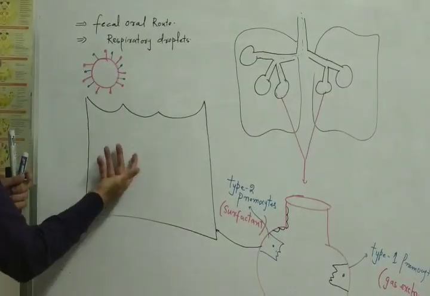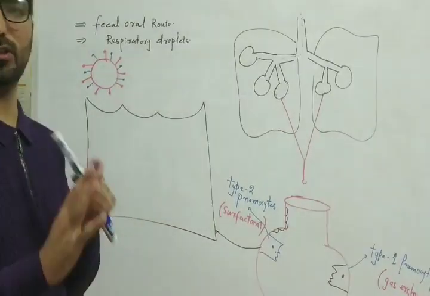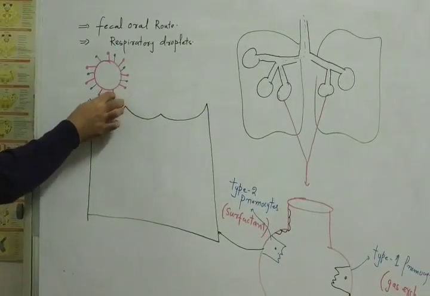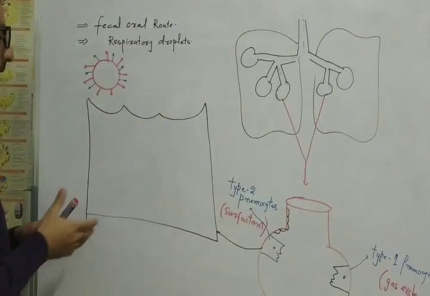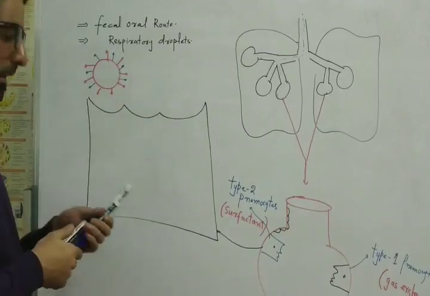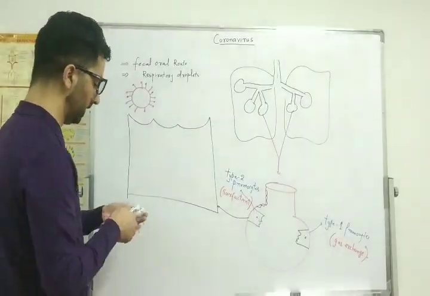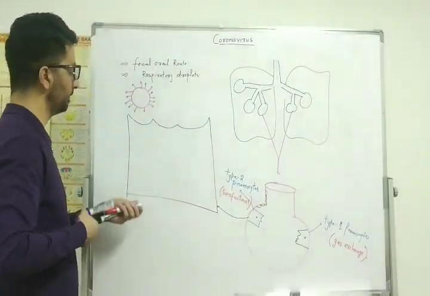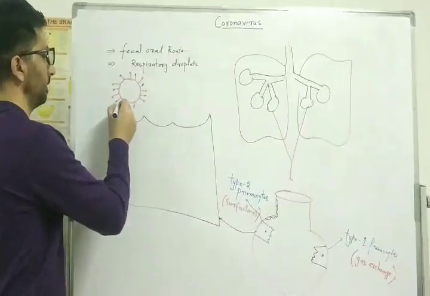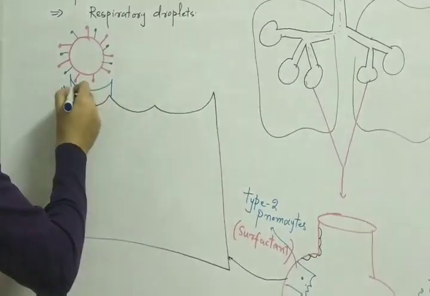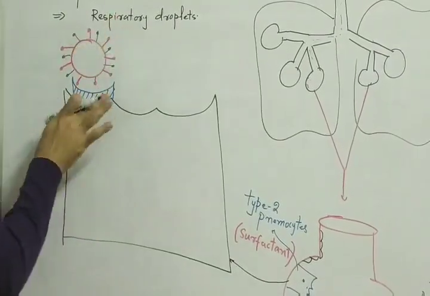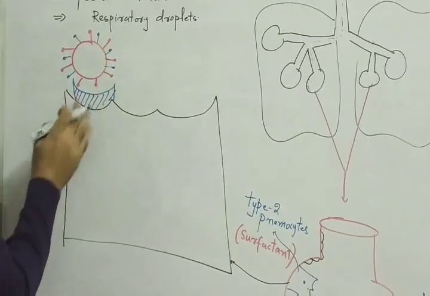And how does this virus enter a pneumocyte and damage it? First, its spike protein binds to a special receptor on the pneumocytes. That receptor is called angiotensin. Don't be confused, first I will make the receptor, so that the virus can put its spikes on this receptor.